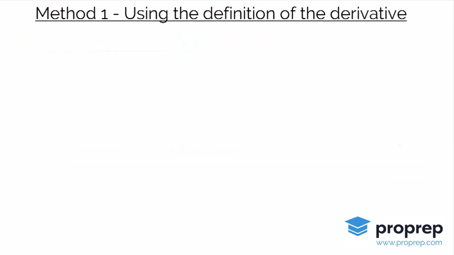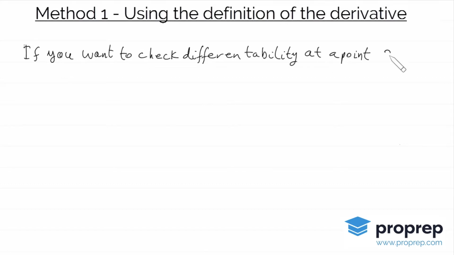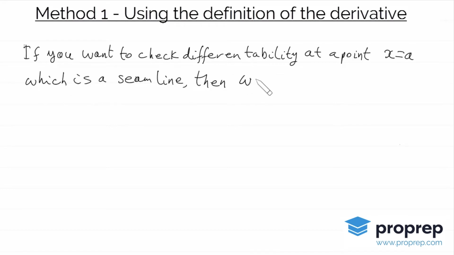Recall that method 1 is using the definition of the derivative. What this says is as follows. If you want to check differentiability at point x equals a, which is a seam line, then we compute two quantities.